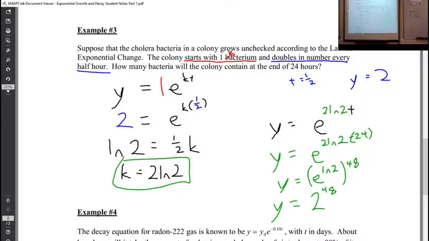Because if we're doubling every half hour for 24 hours, how many times are we doubling? Well, we're doubling 48 times. And we started with 1. So again, a fairly easy problem that you could have probably come to without e.